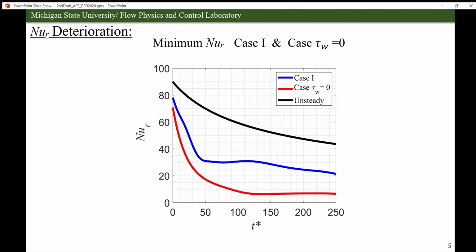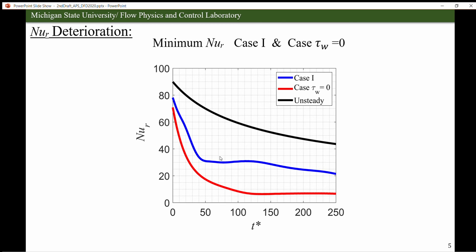In order to understand this behavior, we look at the minimum Nusselt number values and compare them for both cases, and compare them to the unsteady diffusion solution. We see that both cases show the same overall qualitative trend, decaying with time.